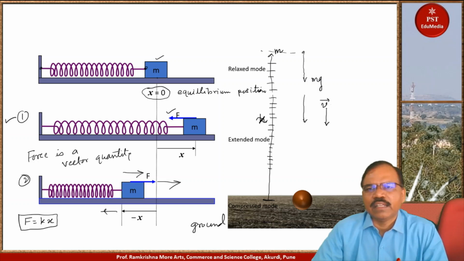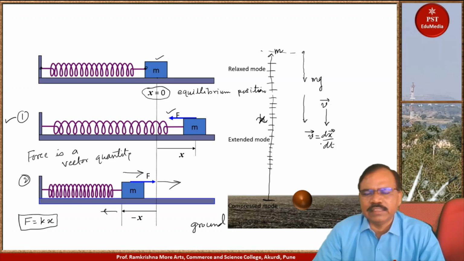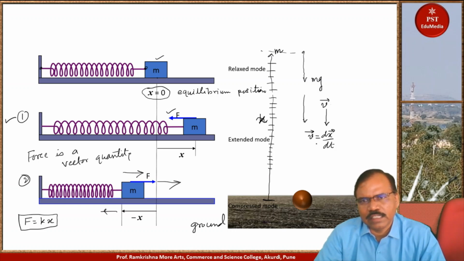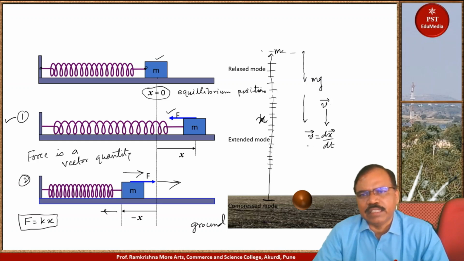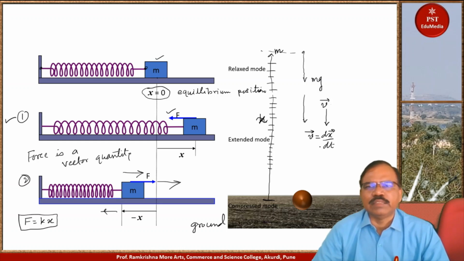And v, we take velocity, is dx by dt. So we take here the velocity vector as d by dt of x vector. X is displacement. dx is displacement in time dt. So v is equal to dx by dt.